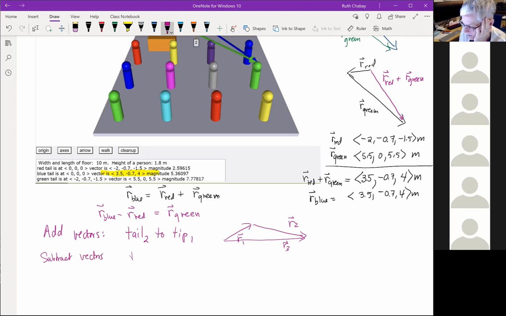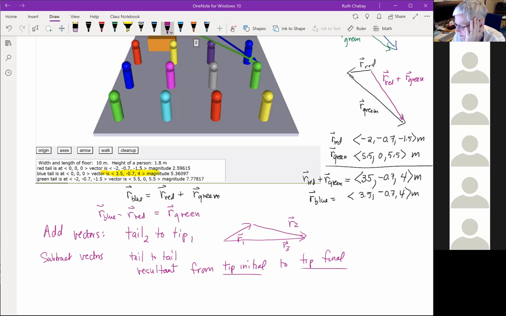To subtract vectors, we put them tail to tail and draw the final vector. The resultant goes from the tip of the initial vector to the tip of the final vector.